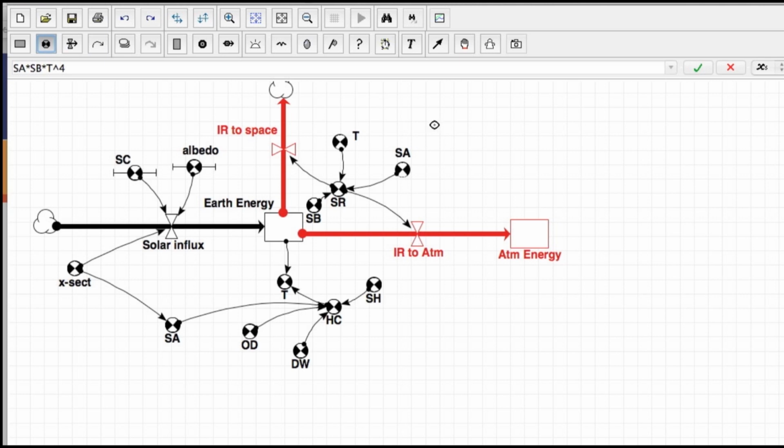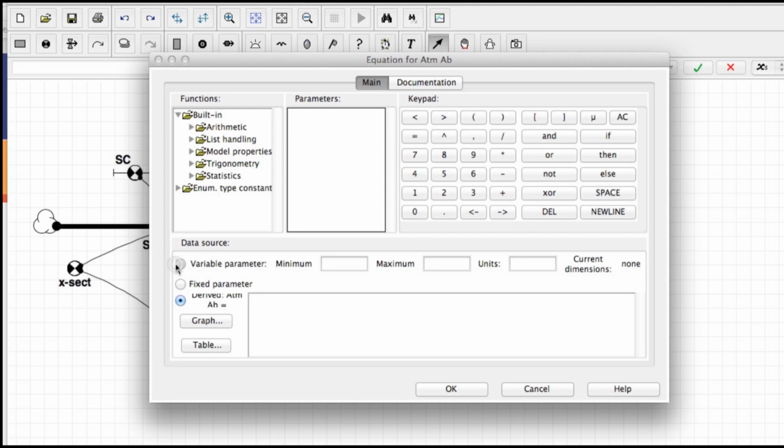So I'm going to need an atmospheric absorption coefficient, which we said is a variable parameter that is going to have to vary, be a fraction from 0. And I like to use lots of decimals, and sometimes it sticks you into integers over here, and if it does that to you, just type out 0.000. I want at least that many decimal places. Oops, we're going from 0 to 1.